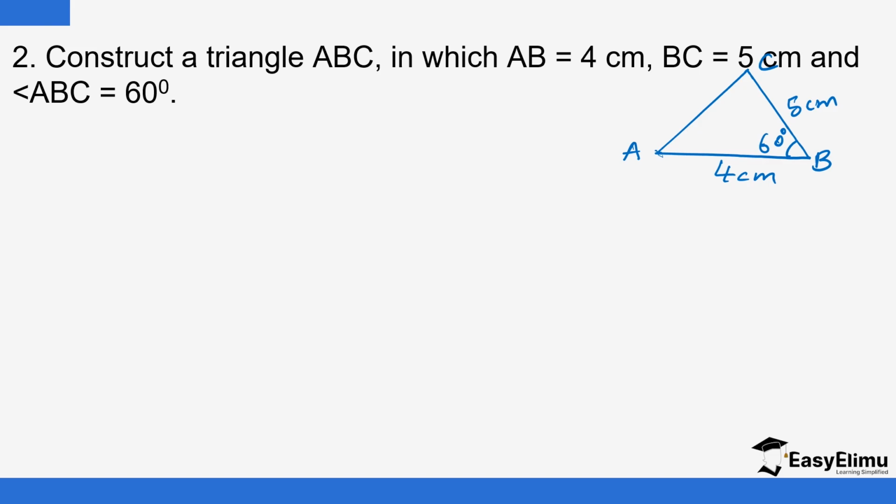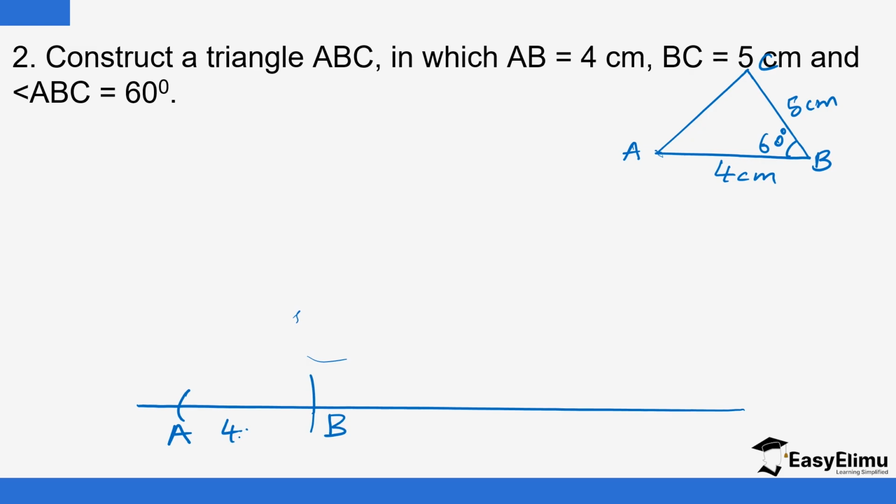So you start with the line. So you draw the horizontal line, you mark A. And then you measure 4 centimeters to help you mark B. So this is where B is.